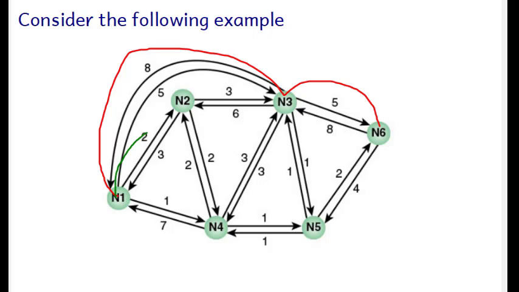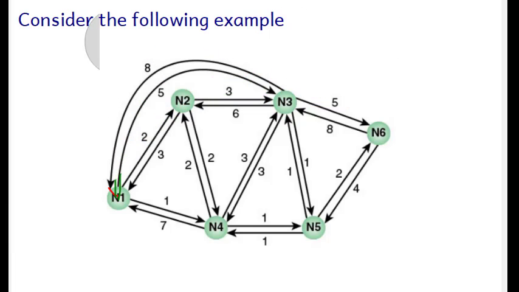If we go from N1 to N2, then N2 to N3 and N3 to N6, the total cost is 5 plus 3, which is 8, and 8 plus 2 is 10. While here the number of hops is increasing, from N1 to N2 is 1 hop, 2 hops, 3 hops, so there are 3 hops, but the cost is less. From N1 to N3 and then N6, the hops are fewer but the cost is more.